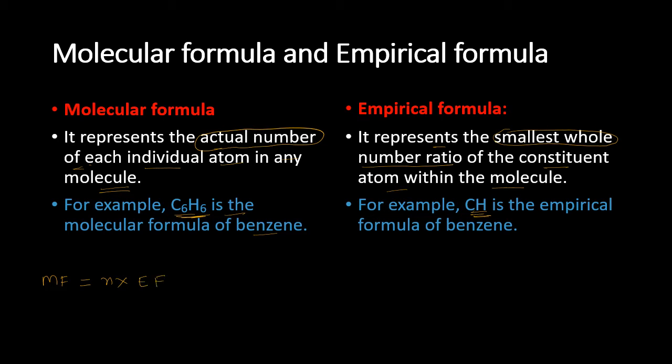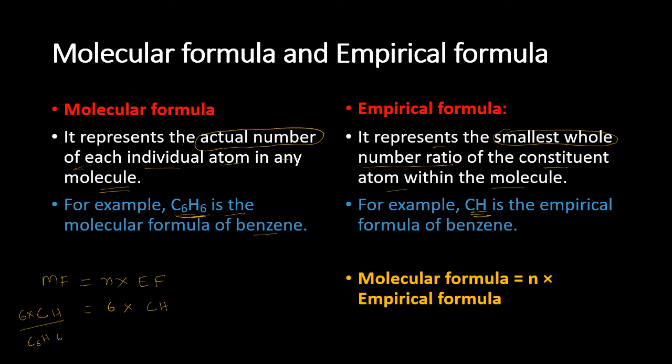Like earlier we have seen that if n is 6 and the empirical formula is CH, then it will become C6H6 like this. So molecular formula is finally n into empirical formula.